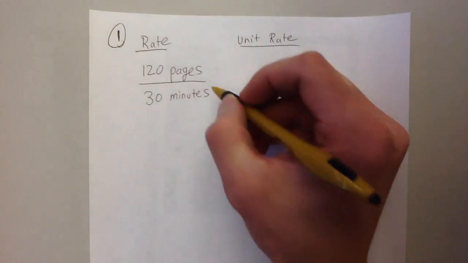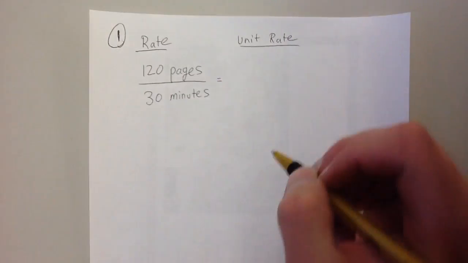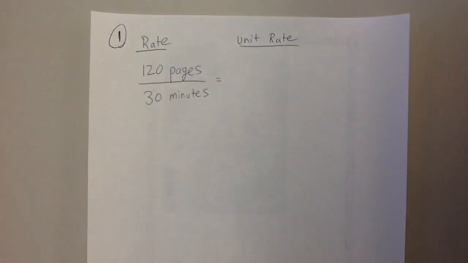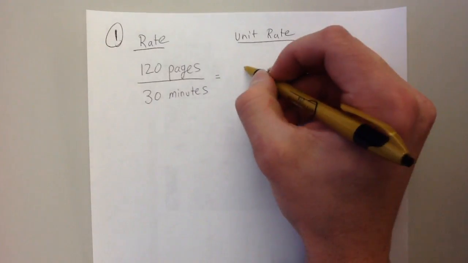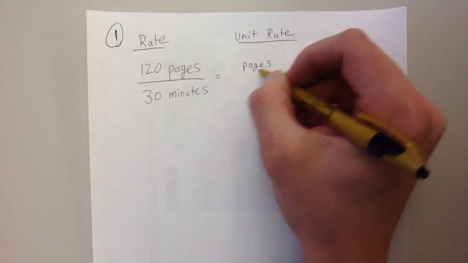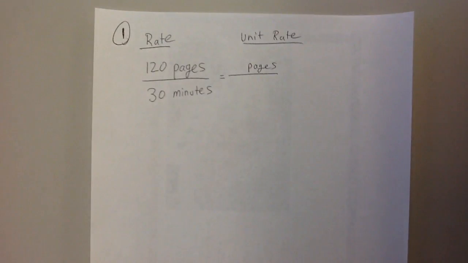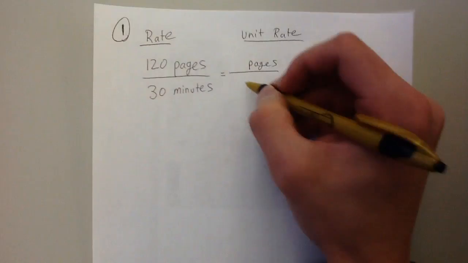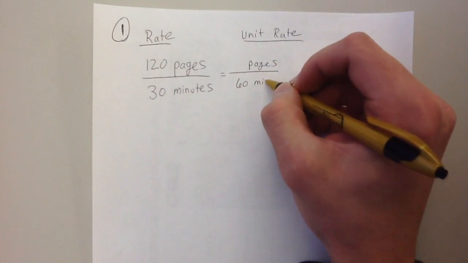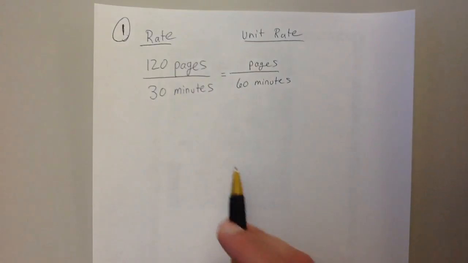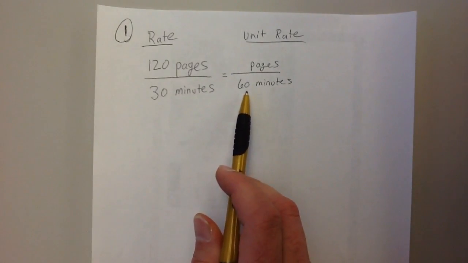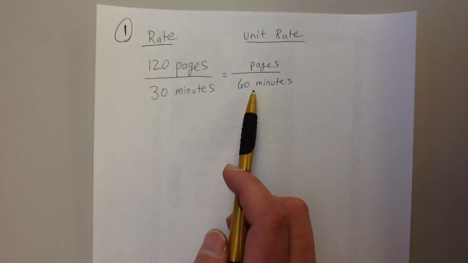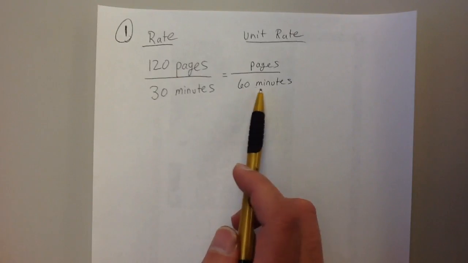Okay, so this is equal to how many pages per 1 hour. Now, 1 hour is the same thing as 60 minutes, right? And so even though our denominator is not 1 here, this is the same thing as being 1 because we could say 1 hour, right?